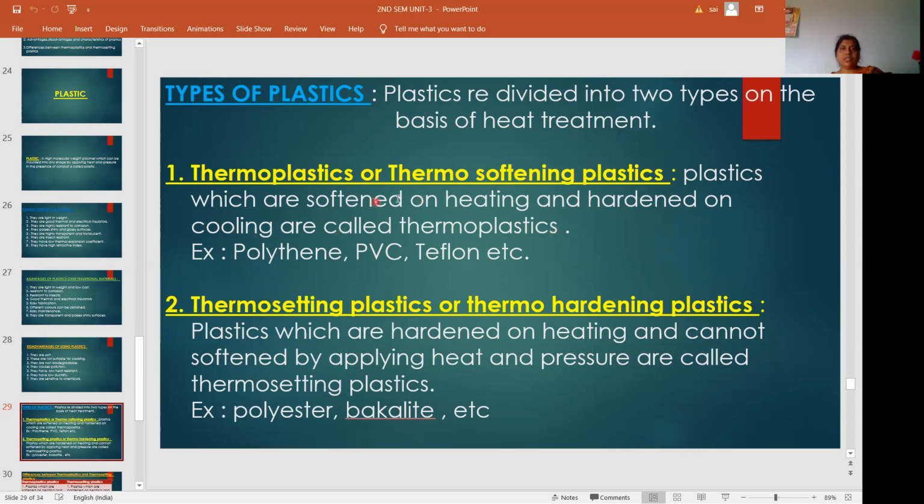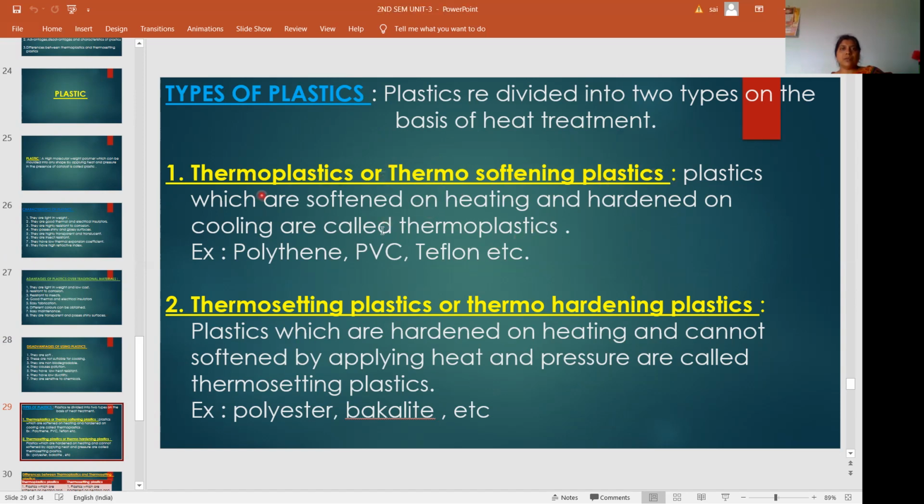That means when you heat it, it melts, and when you cool it, it becomes hard. That type of plastic is called thermoplastic. Thermosoftening means when they are heated, they soften. That's why these are called thermosoftening plastics.